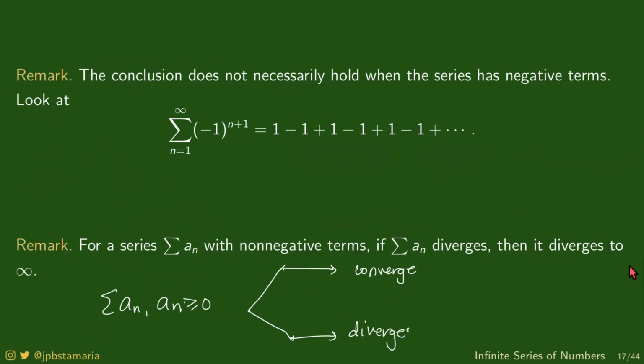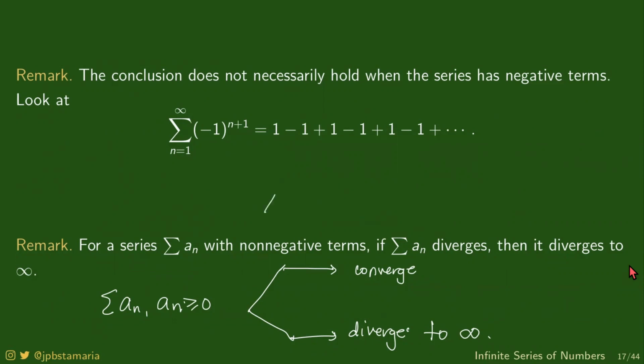Pero, pag nag-diverge, paano siya magda-diverge? Kung ang sequence of partial sums mo ay increasing, the only way for an increasing sequence to diverge is to diverge to positive infinity. Kaya tatandaan nyo, pag ang series mo may non-negative terms, dalawa lang ang pwedeng mangyari. Either mag-converge siya to a finite number or mag-diverge to positive infinity.